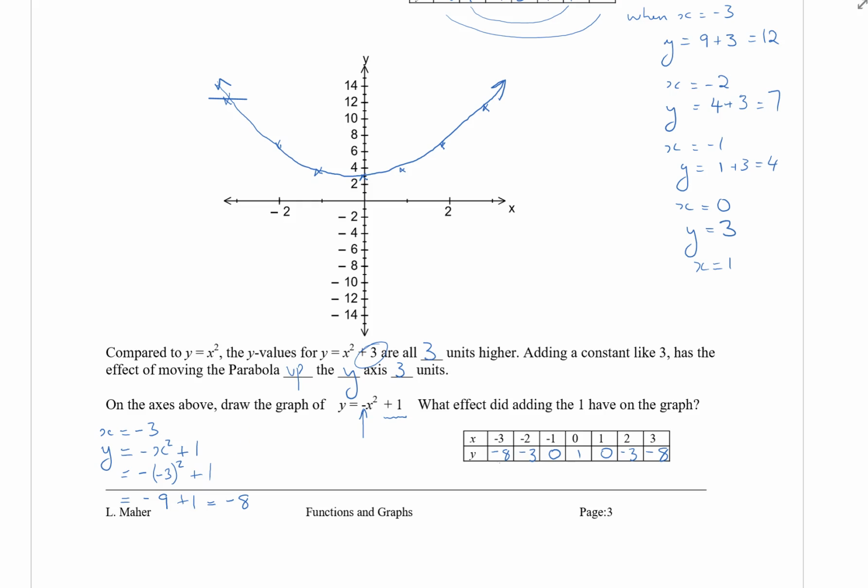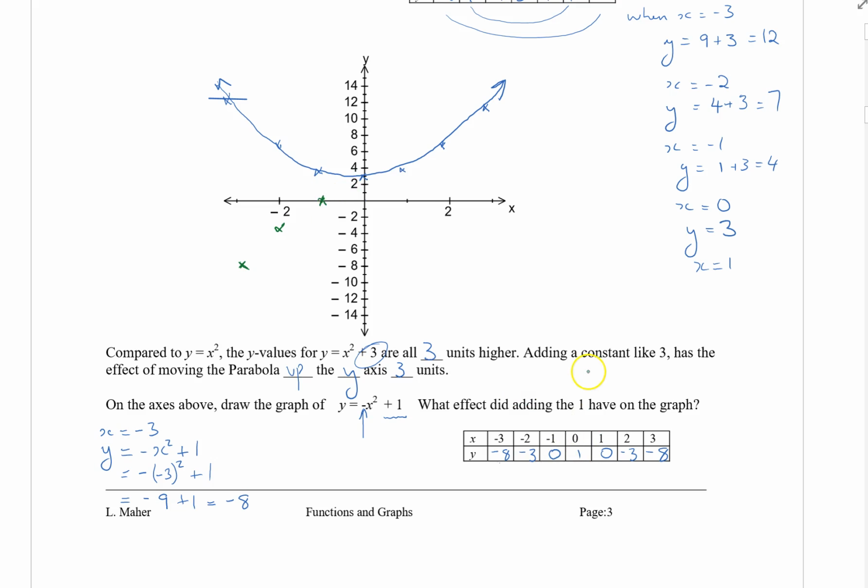What I'm going to do now is to actually graph these new points. So at negative 3, we need to be down at negative 8. So we're here. At x is negative 2, we need to be down at negative 3. And at x is negative 1, we're right on the axis.